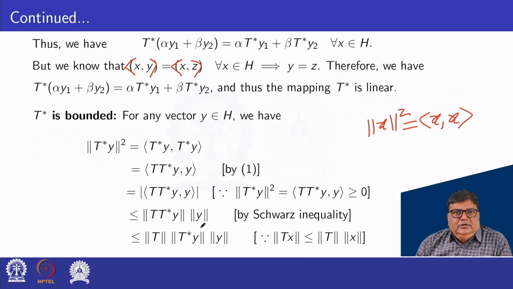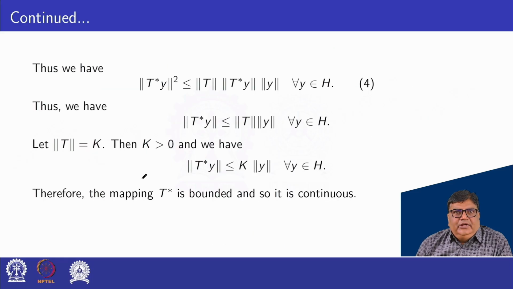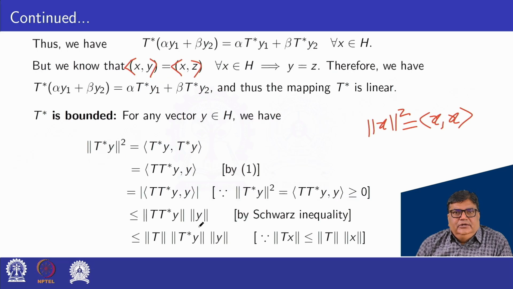So here we have the square of the norm of T star y. Thus we have norm T star y less than or equal to norm T norm y. So this one is cancelled out.